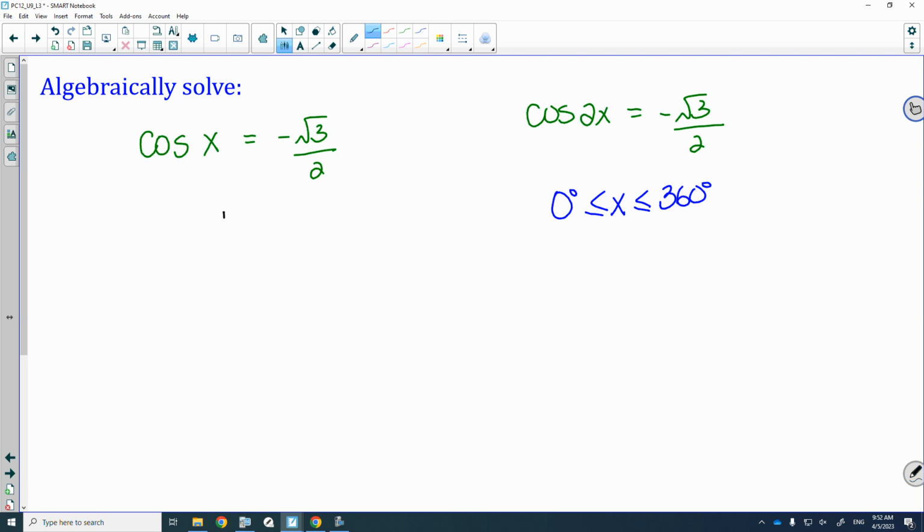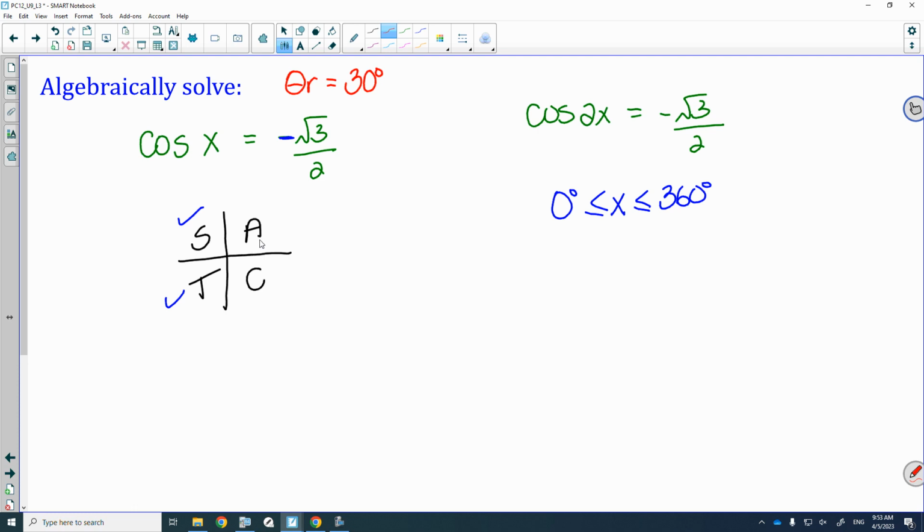But again, how we did this is we said, okay, past solutions were cosine quadrants 2 and in quadrants 3. Our reference angle is the inverse cos of the absolute value of negative root 3 over 2, which is root 3 over 2. So where is x on my unit circle, root 3 over 2? Well, that would be 30 degrees, right? So that was our reference angle, 30 degrees.